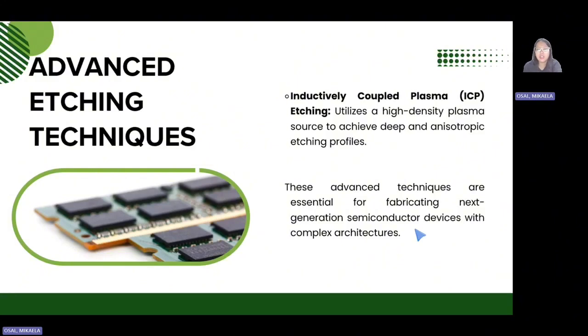So these advanced etching methods, including ICP, are essential for fabricating next-generation semiconductor devices with complex architectures. As semiconductor devices become more intricate, this technique ensures that we can meet the demands for higher precision and more advanced features in microelectronics.